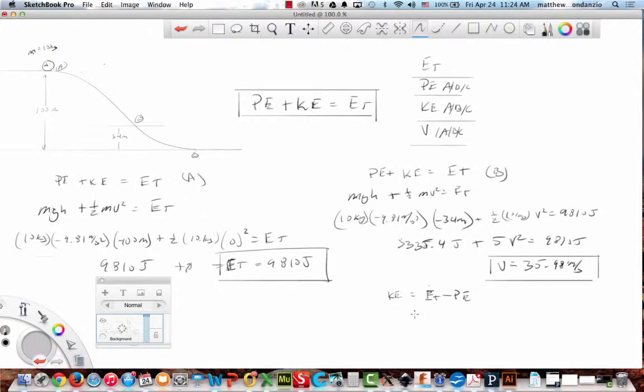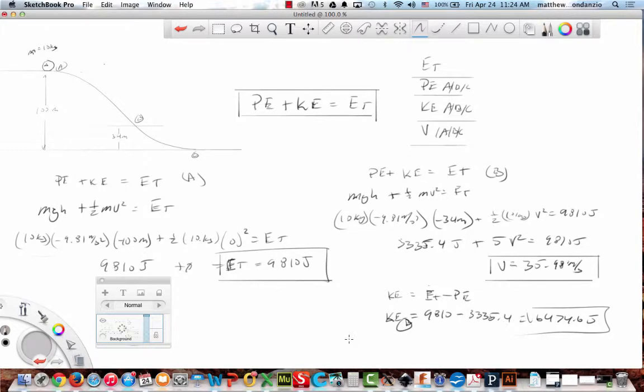So that's equal to 9810 minus my PE of 3335.4, which gives me 6474.6 joules. You guys see that? That's my KE at B.